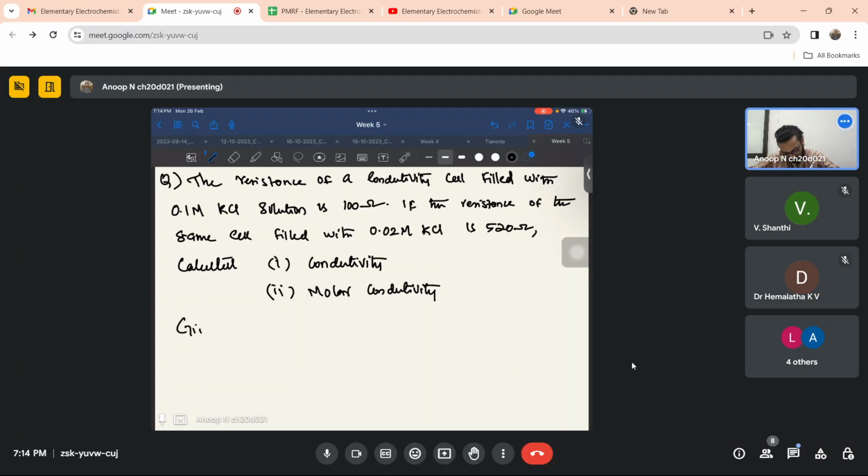Given conductivity of 0.1 molar KCl is 1.29 Siemens per meter. So just see the unit.